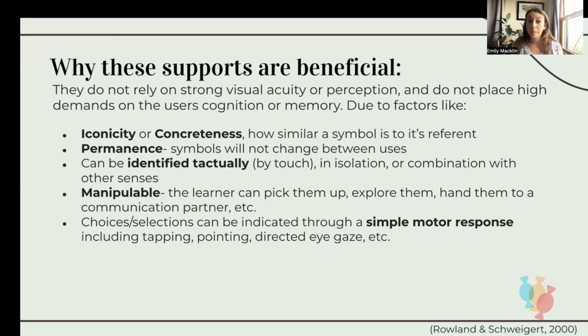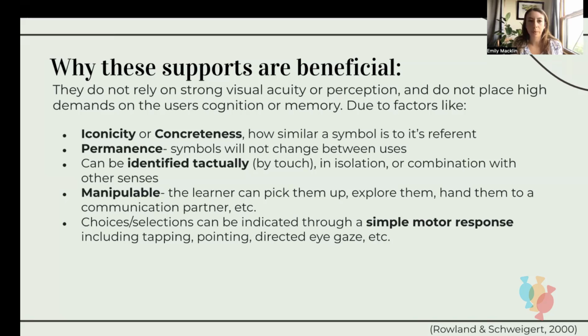They're manipulable, so the learner can pick them up, they can explore them in whatever way is right for them. They can hand them to a communication partner. And then to make selections, they can be indicated through a simple motor response. It doesn't tax motor systems heavily. So by tapping, pointing, directed eye gaze, etc. There's lots of different ways that these can be flexible and used for a variety of different people. And cognitively, these supports are taxing recognition skills, not recall skills.